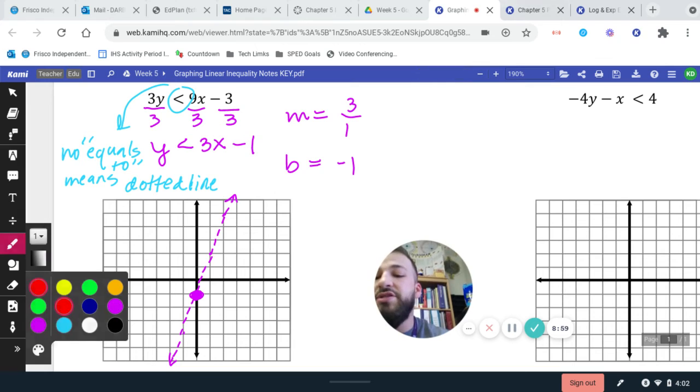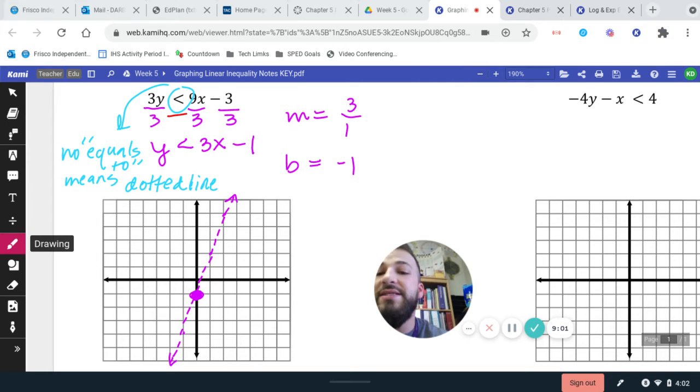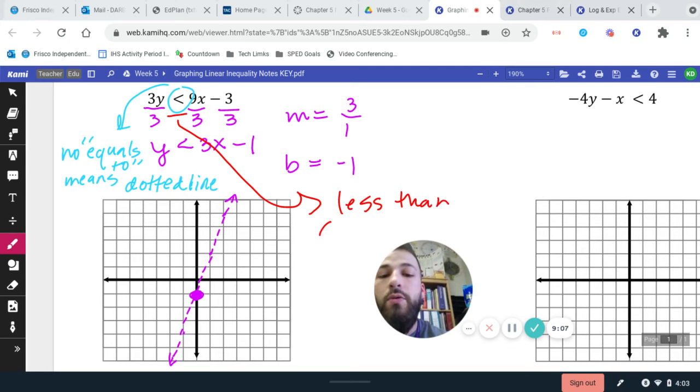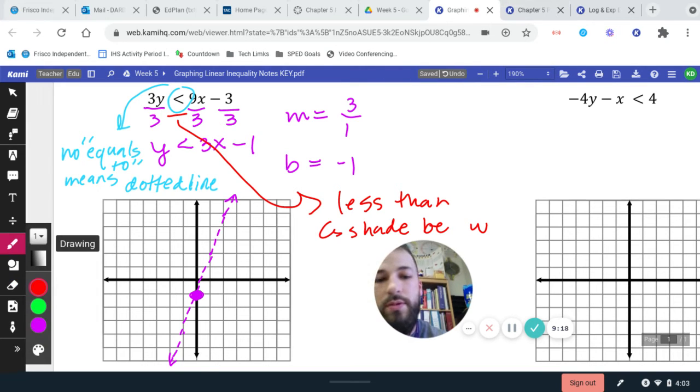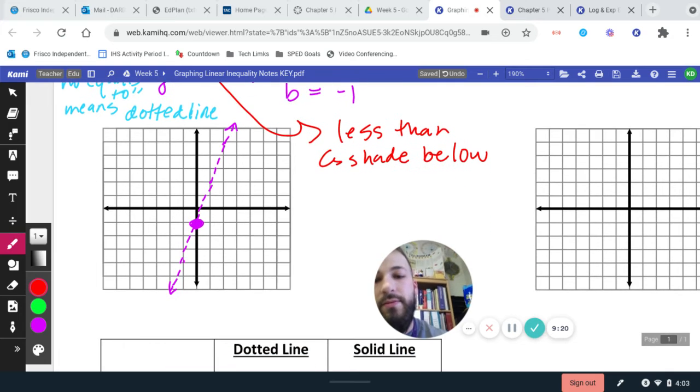Next piece, just like we did on the last one, because this is less than, we're going to shade below. Okay.